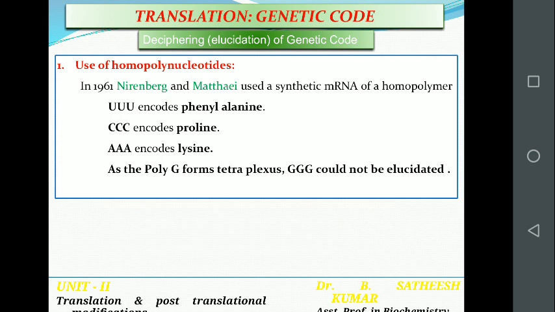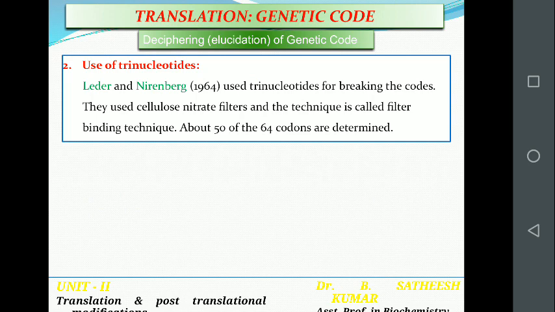When they used poly U as mRNA, they synthesized polyphenylalanine. So therefore UUU codes for phenylalanine. Like that, CCC codes for proline, and AAA codes for lysine, and poly G cannot act as mRNA because it forms a complex structure like tetraplexes.